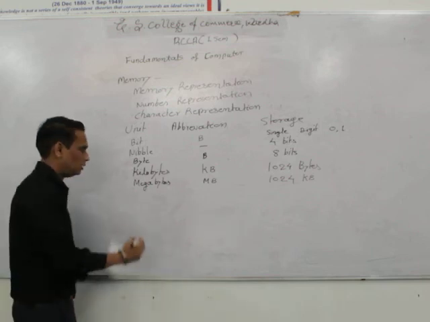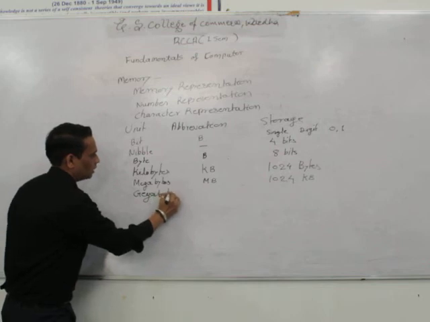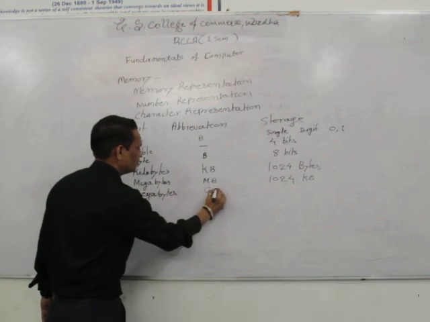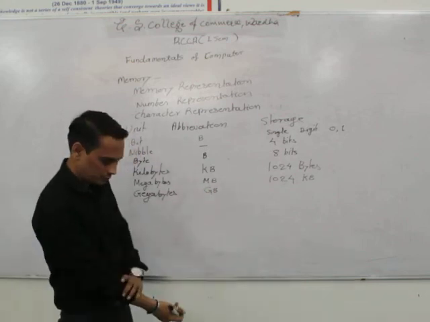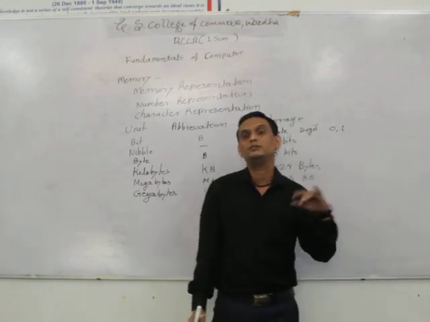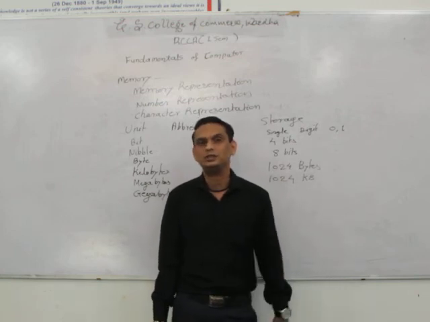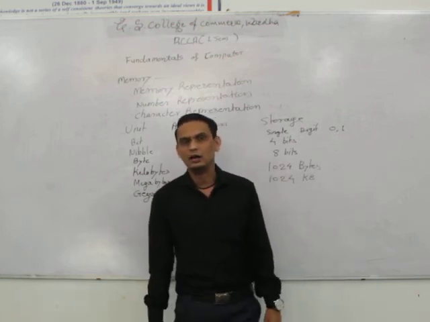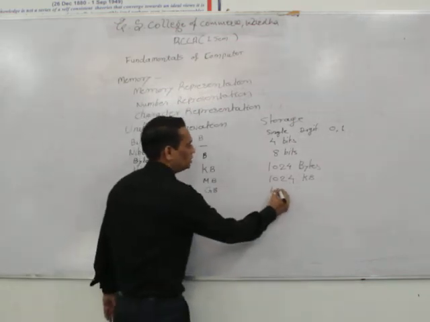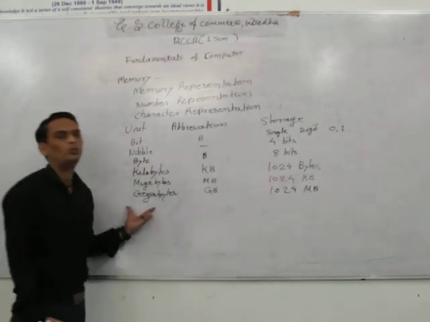After MB we have the gigabyte, called GB. Normally we use GB for our mobile phones. The memory is in the form of GB, from 16 GB, 32 GB, 64 GB, 128 GB. 1024 MB equals 1 GB.